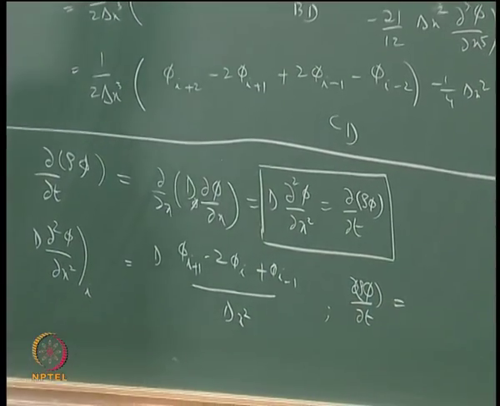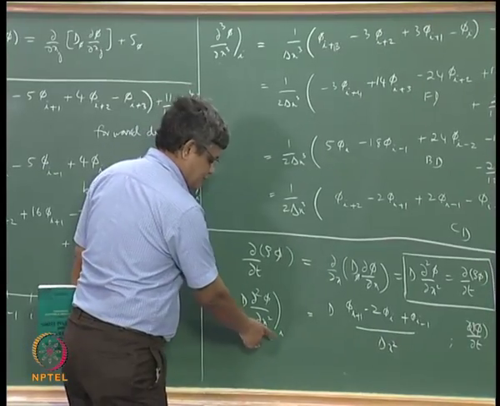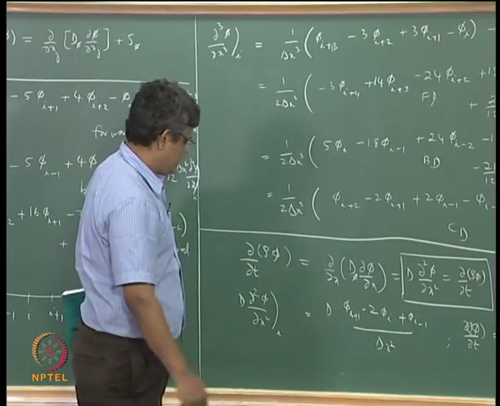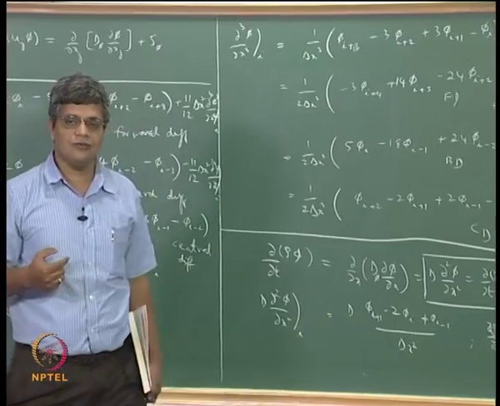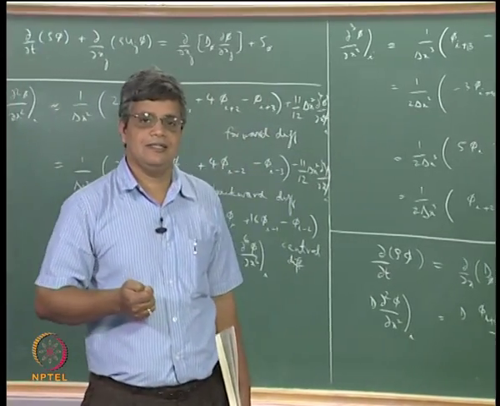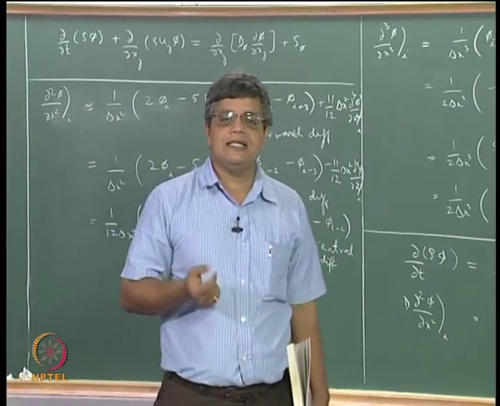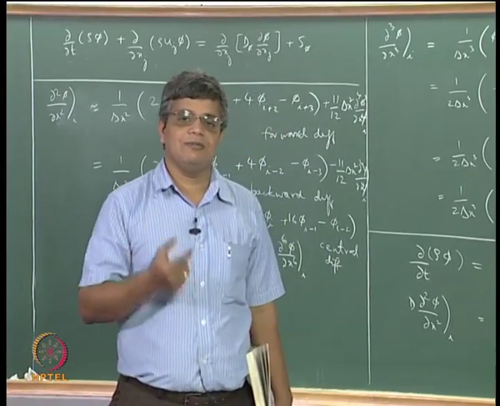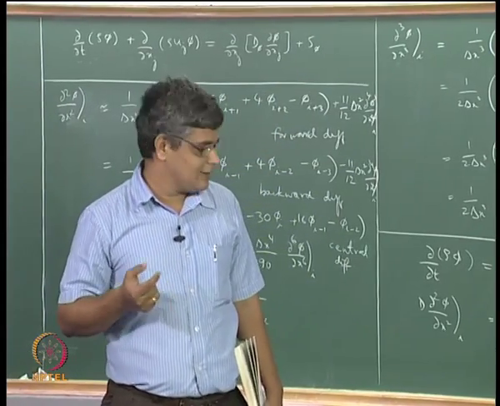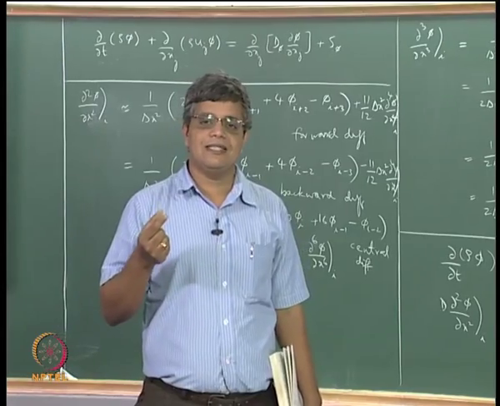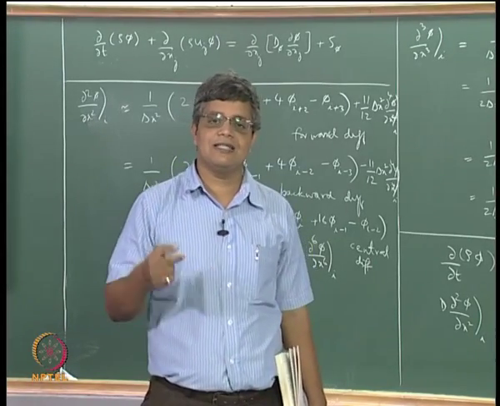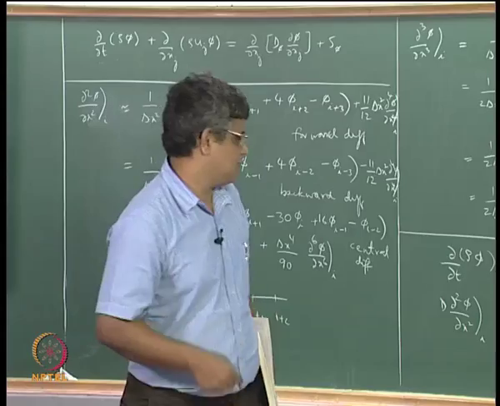For a time derivative, just as we have an index I for x and the index j for y and k for z, we also need an index for the time step, time increment, and that is usually given the index n, and it is not given as a subscript but as a superscript.